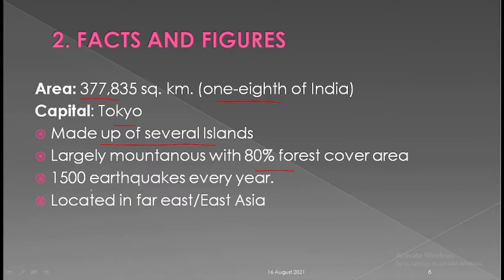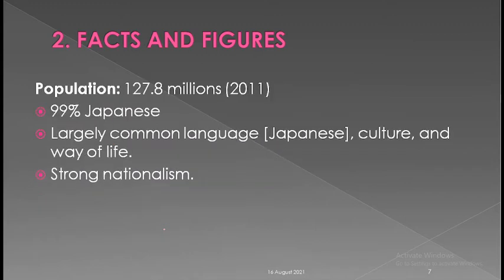Japan is a very earthquake-prone country, facing more than 1,500 earthquakes every year. It is located basically in the Far East or East Asia.